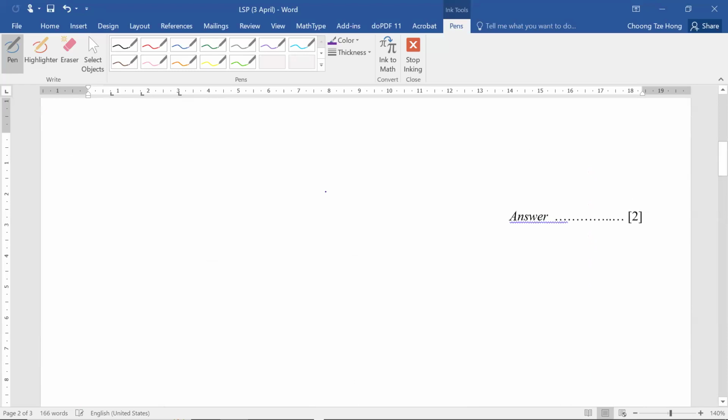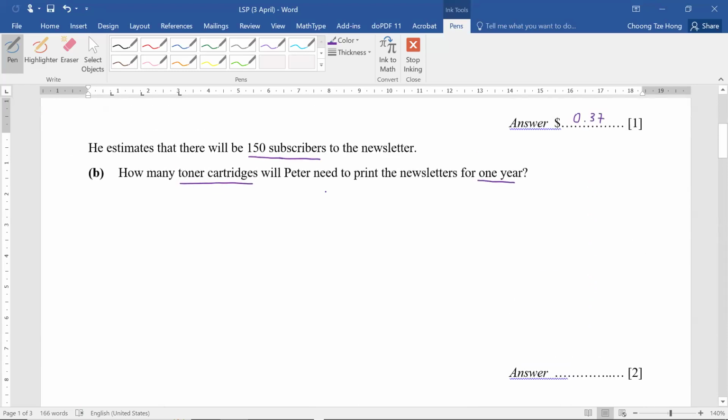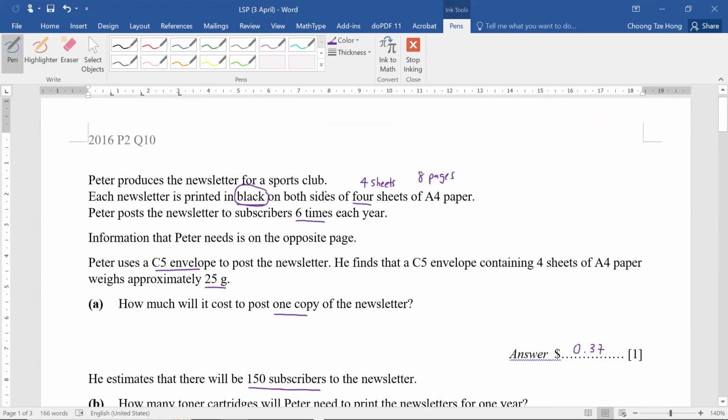Let's take a look over here. He estimates that there will be 150 subscribers to the newsletter. So how many toner cartridges will he need? Remember, we need to find out how many pages are to be printed. If you recall, each newsletter is 8 pages.